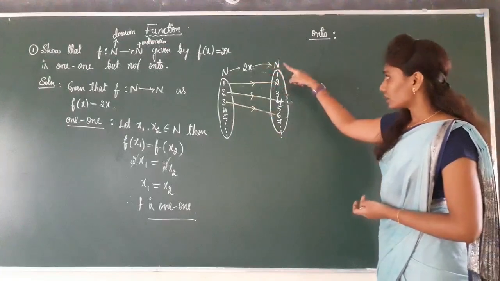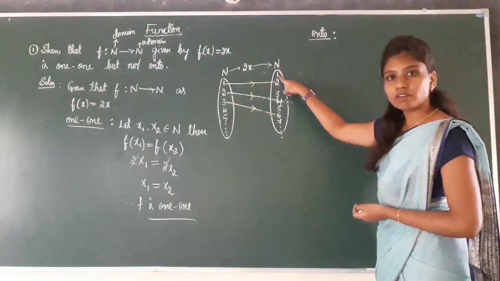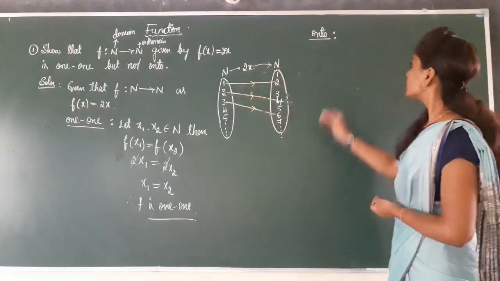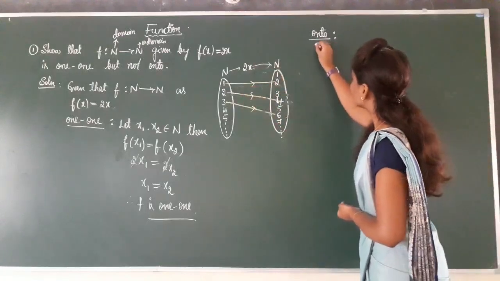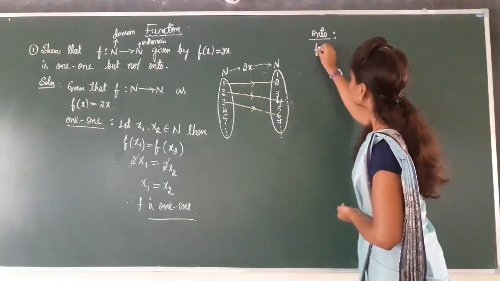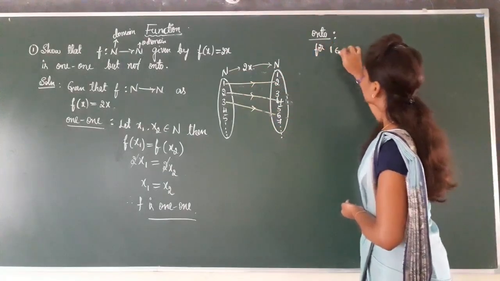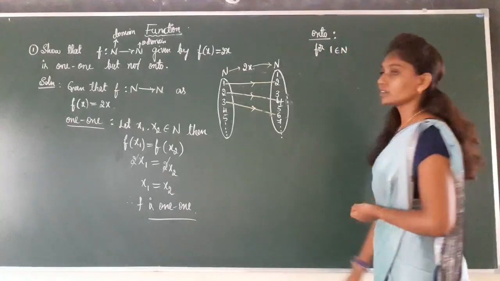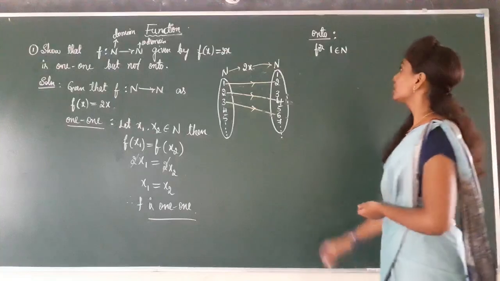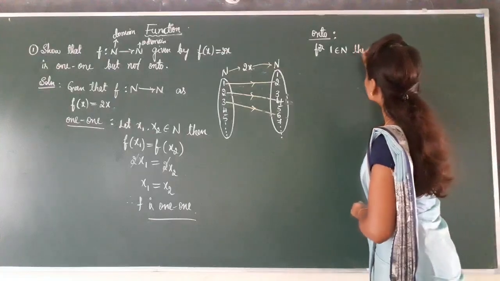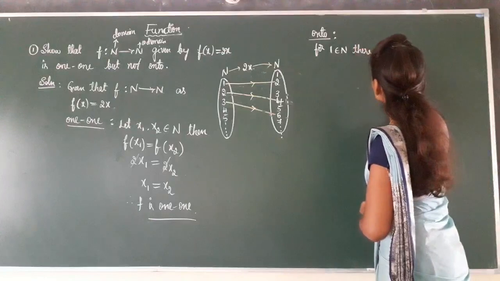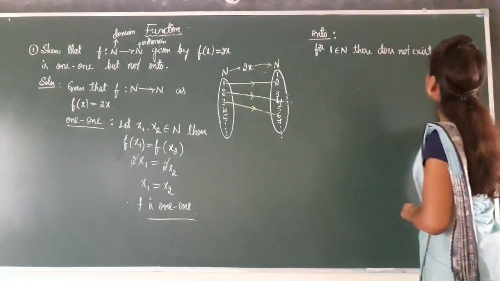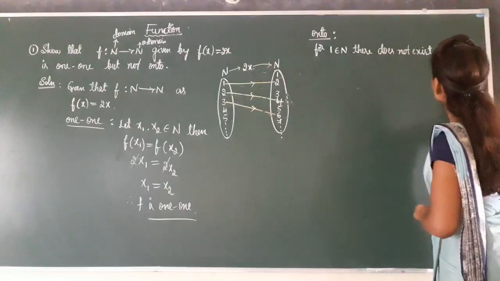I am considering the element 1. 1 is not the image of any element. So, for 1 belongs to the codomain set, that is N, there does not exist any x belongs to the domain set.